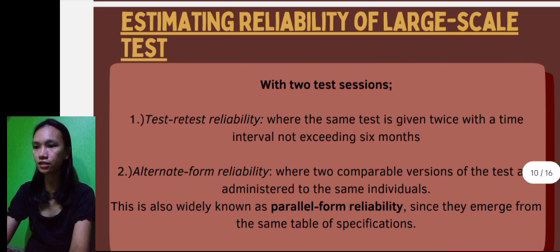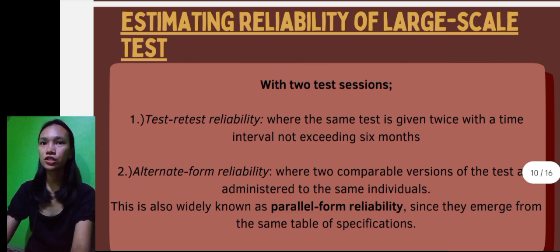So next slide, there are several ways of estimating the reliability of a test, and they are grouped according to the number of times the test is administered to the same group of students. So these two test sessions are the test-retest reliability, where the same test is given twice with a time interval not exceeding 6 months.